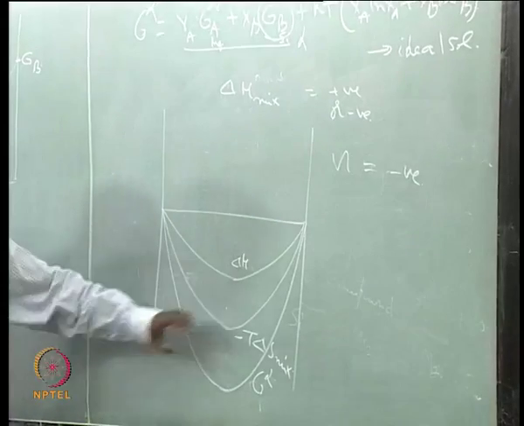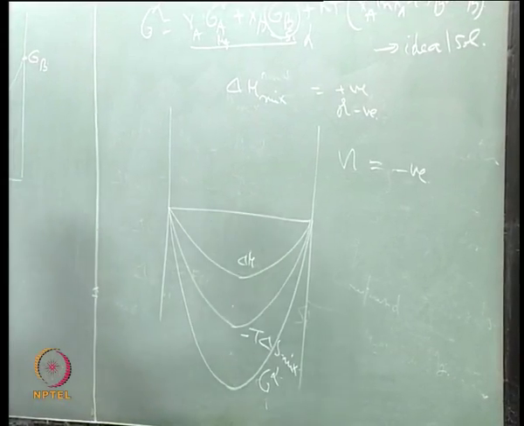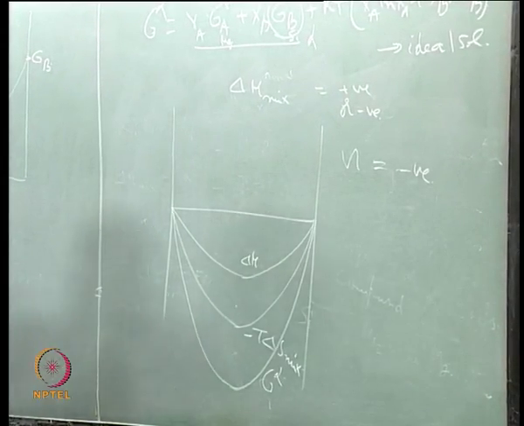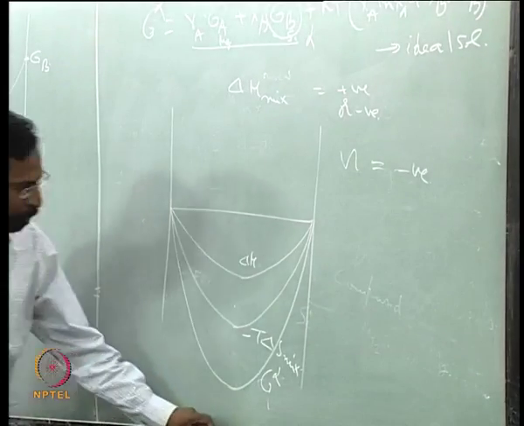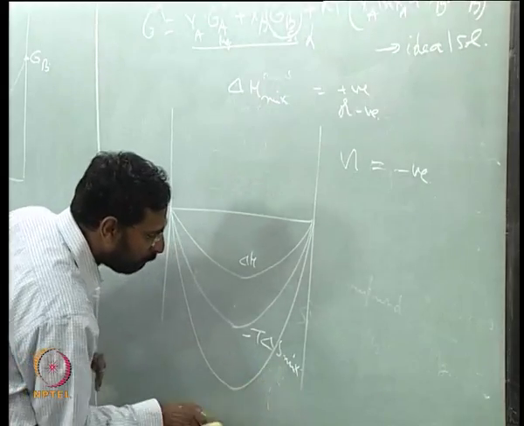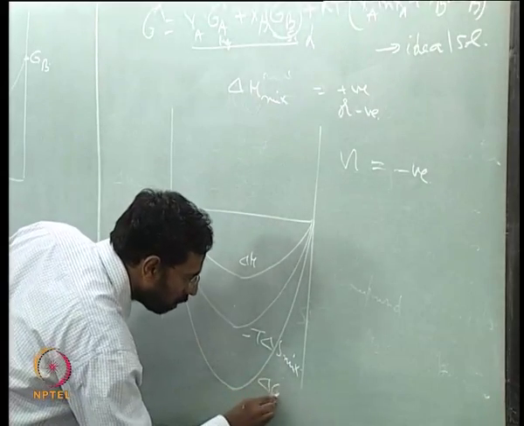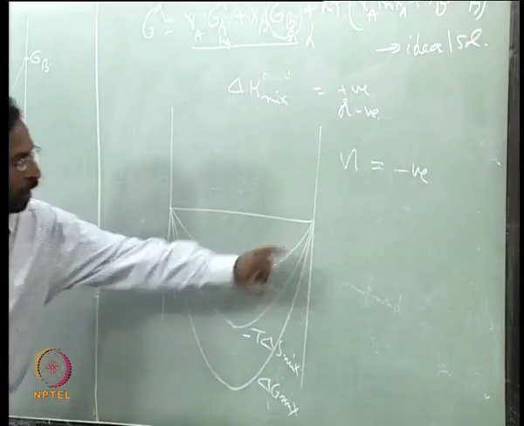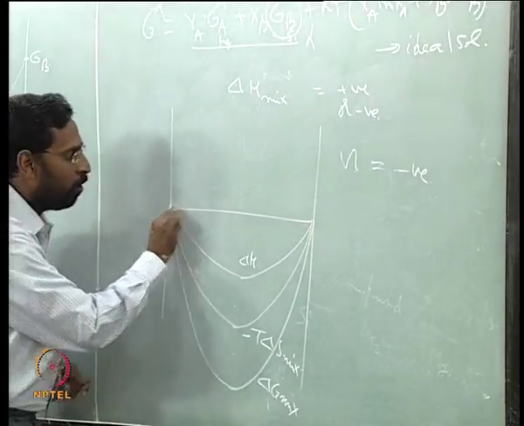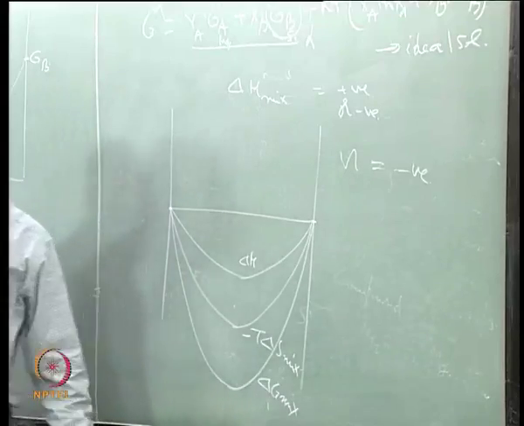I add these two, and the only small thing I have done is to draw it from here. In principle I should call this delta G mixing. Addition of these two gives me delta G mixing, because this is 0 and this is 0.